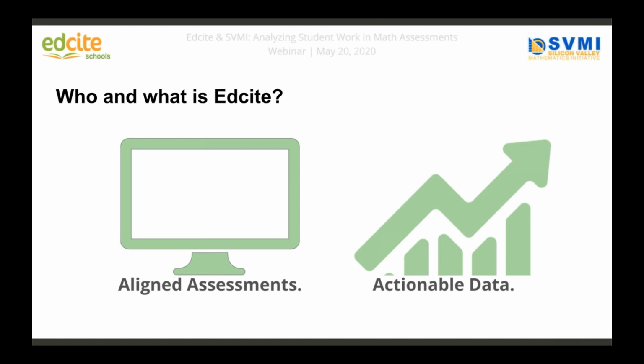So Edcite is an assessments for learning platform, and it works really in two buckets. For assessments for learning, we want to make sure that all teams have what we call our aligned assessments and that you have actionable data. And when we're talking about aligned assessments, we're talking about making sure that the questions really authentically measure that skill that you're teaching.